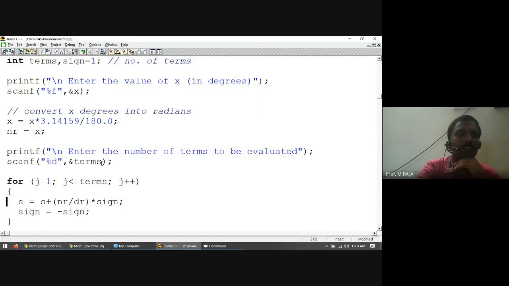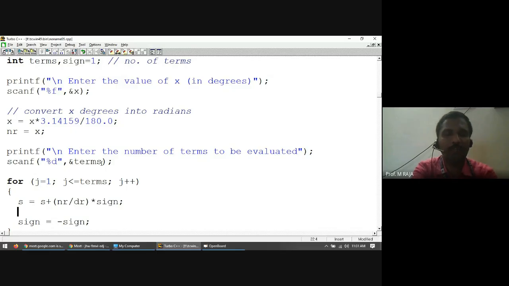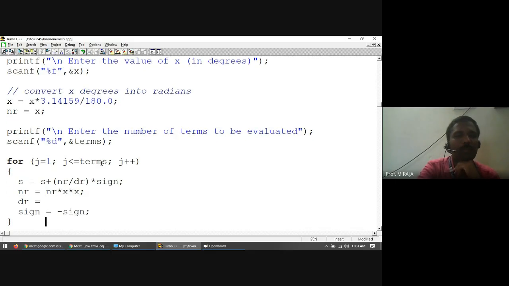It seems the value of s is x. Okay. Next, we need to update the value of numerator and denominator. So here, first numerator is equal to numerator star x square, x into x, and the denominator is equal to the next stage. What will be the denominator when j is equal to 1?